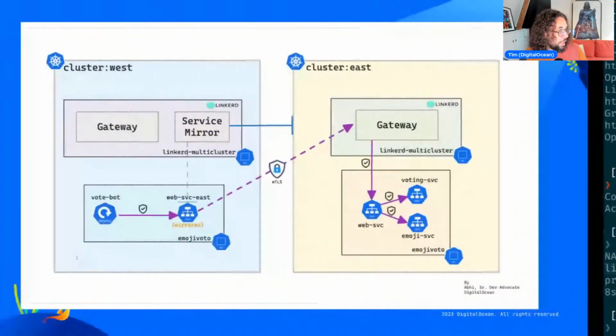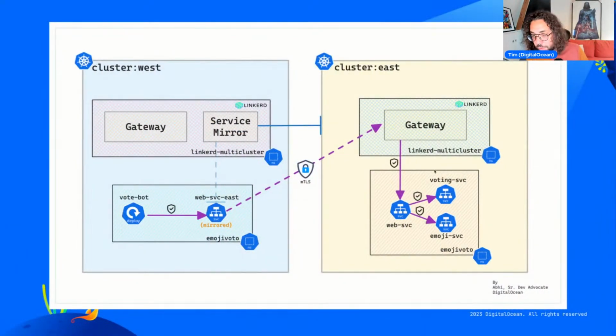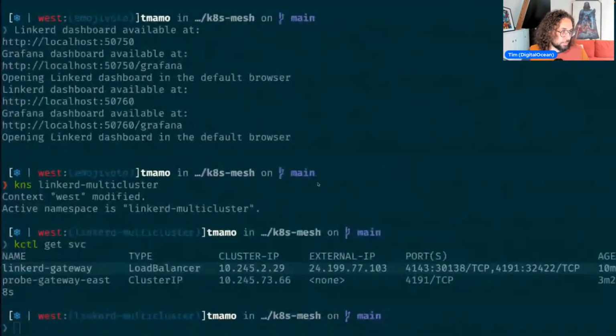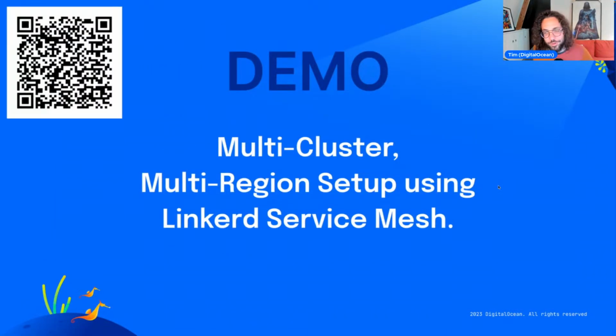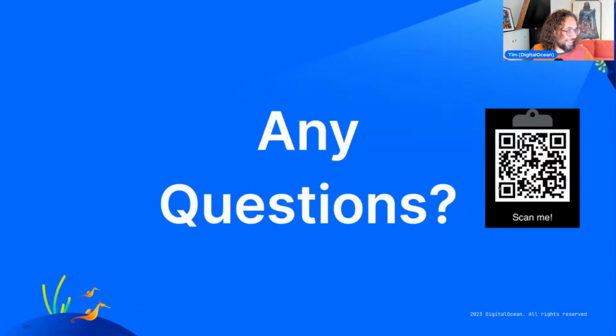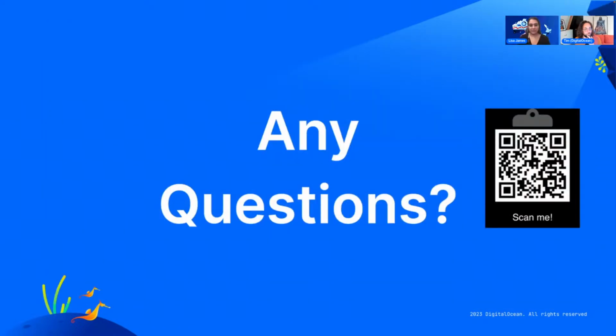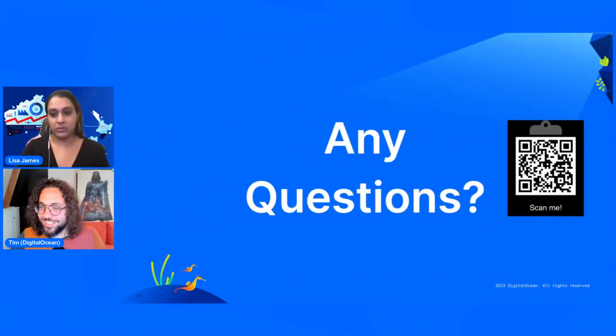So you do need a load balancer so that the traffic can go through. And you have mutual TLS between the two clusters. On that note, I'll answer questions. But do scan that QR code and test it out for yourself. It does work, I promise you. But obviously, it being fairly early in the morning here, things don't go as planned. If you have any questions, more than happy to go over that.